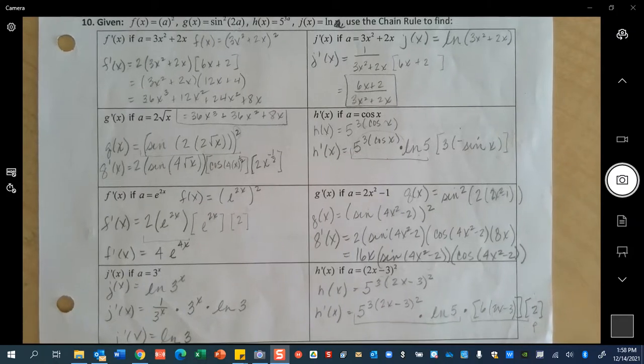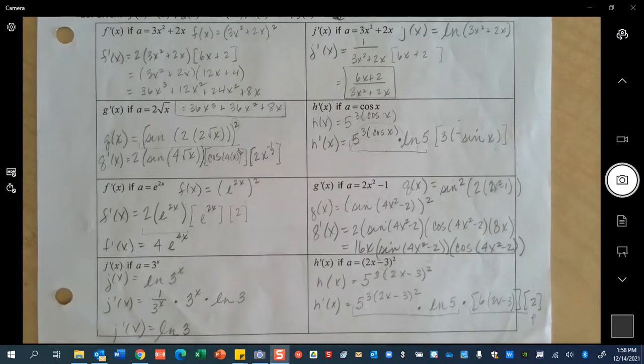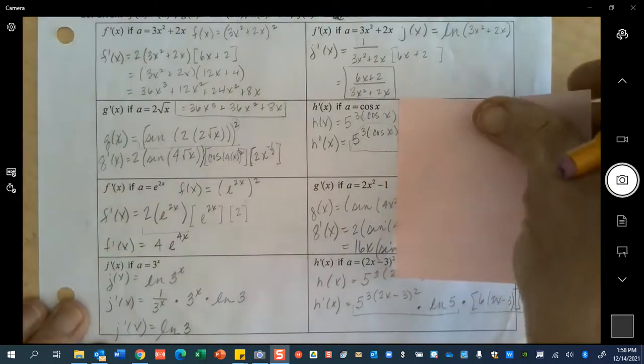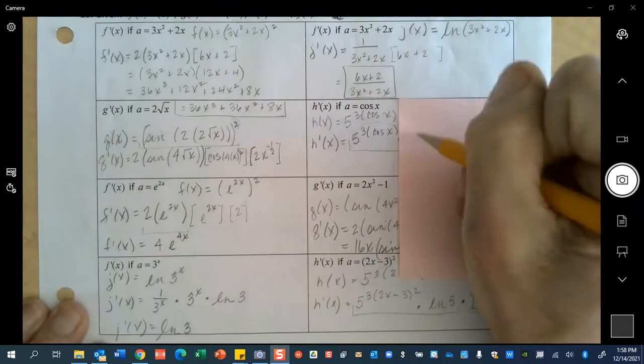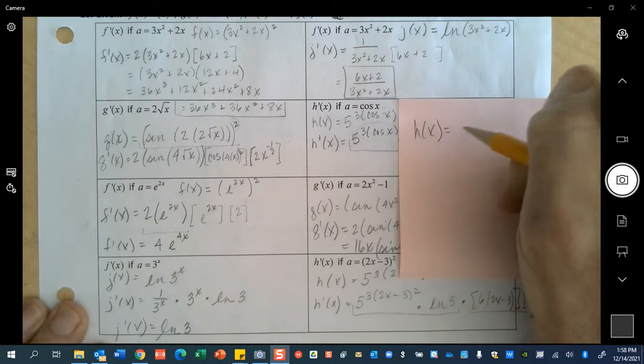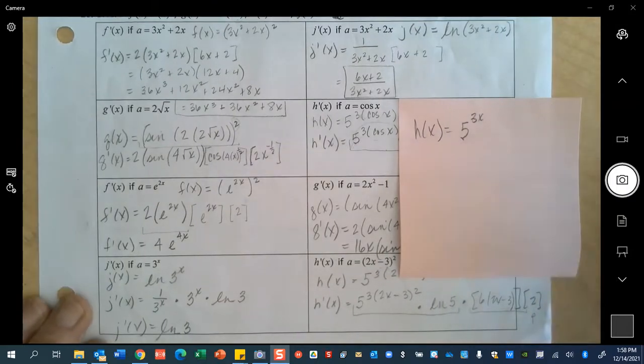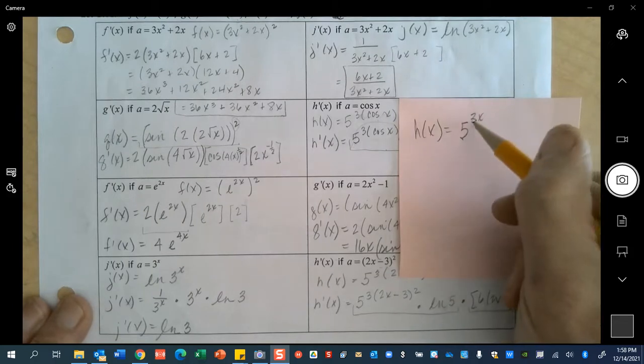Anything else? Go ahead. So like with that same problem, if we have 5 to the 3x, would we still use the chain rule for that? So if you had h of x is equal to 5 to the 3x. Yeah, because you'd have to remember that 3, right?